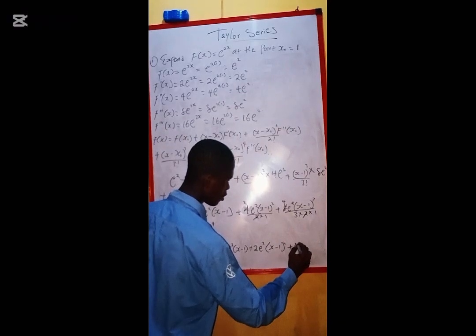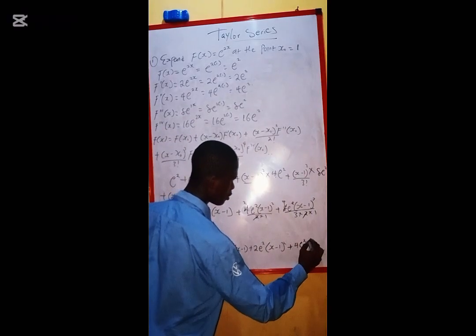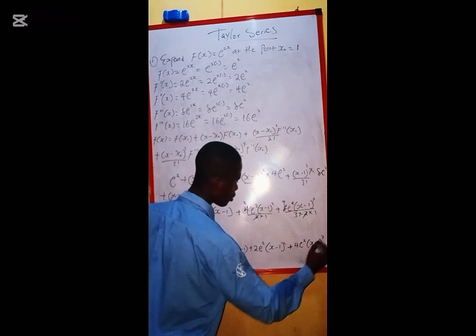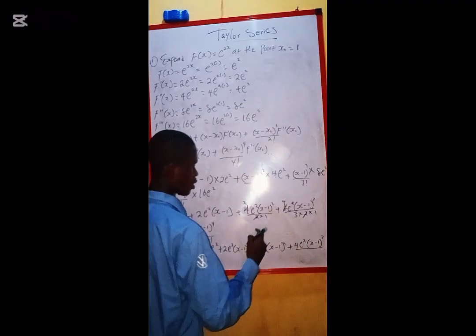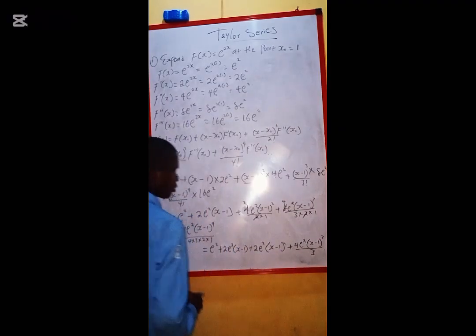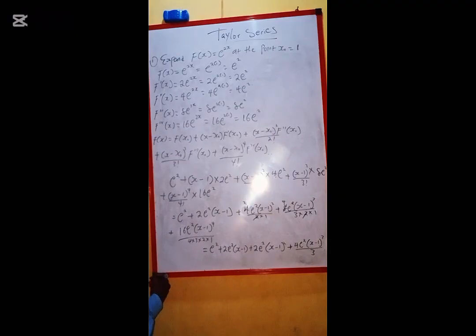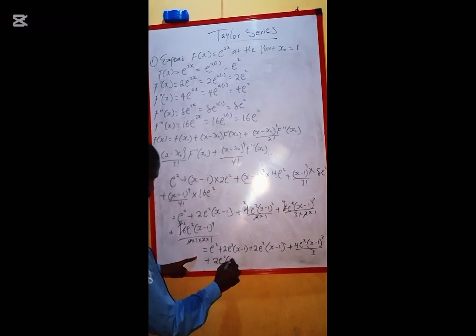So it will be 4e squared (x minus 1) cubed over 3, right? So the last one, 4 cancels 16 to make 4, 2 cancels 4 to make 2, so that's 2e squared (x minus 1) to the power 4 all over 3 times 1, 3, which is the answer for this question.